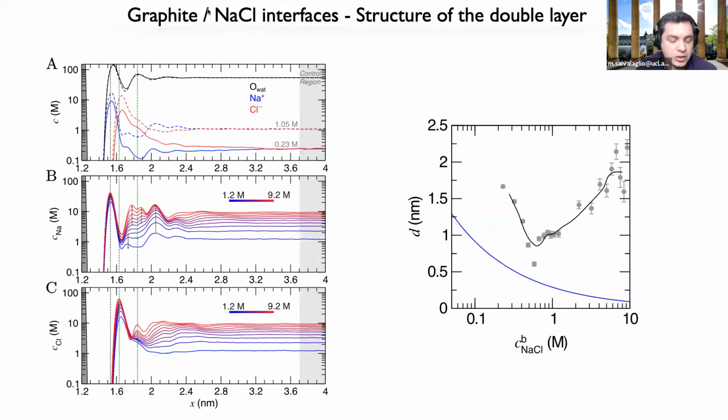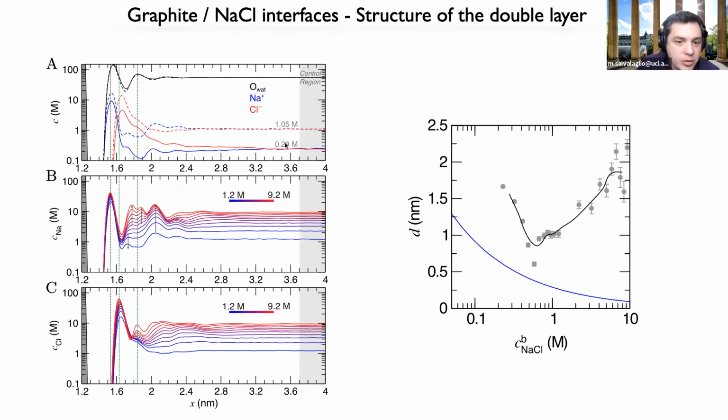So I want to summarize these results rapidly here to go then for the most important section, which is about the automatic detection of the clusters. Here I'm showing as A, B, and C 3 panels in which the concentration of ions is represented as a function of distance from the interface. And in panel A, we have not just concentration of ions, but also water, and both ions are represented together.